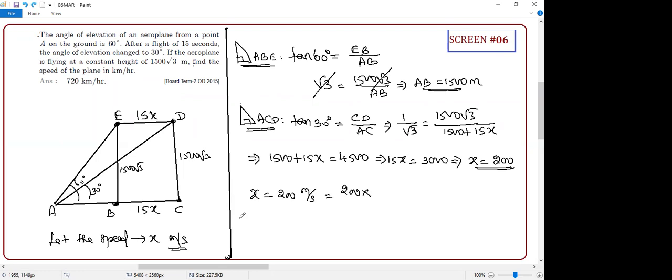I want to convert into kilometer. What will you do? You will multiply by 1000 or divide by 1000? Divide by 1000. And this result is for 1 second, but I want it for an hour.